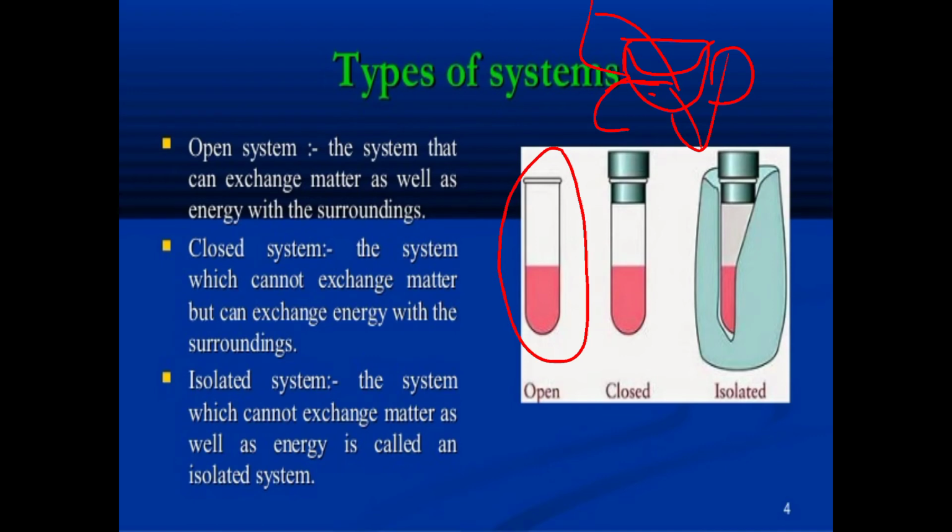For example, if you are taking tea or something in a flask, we can drink the hot tea even after more than one day because the heat will not be exchanged with the surroundings. This is the example for the isolated system. So these are the main three types of the system.